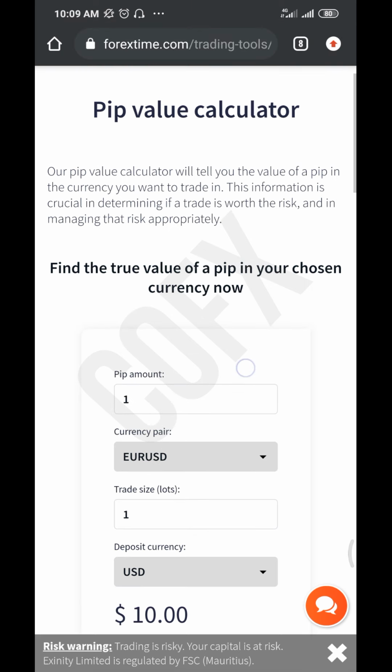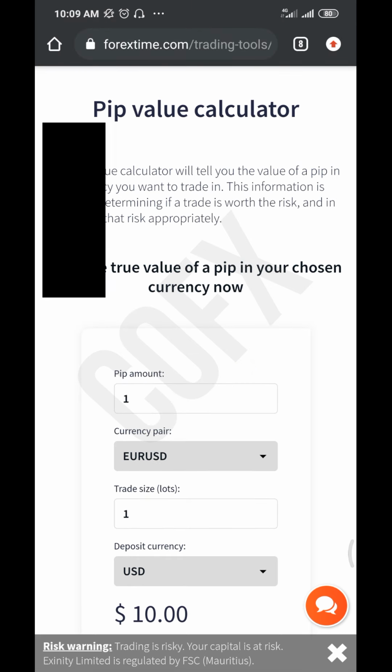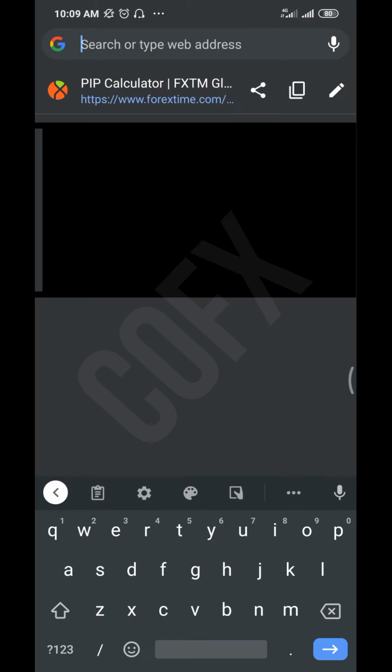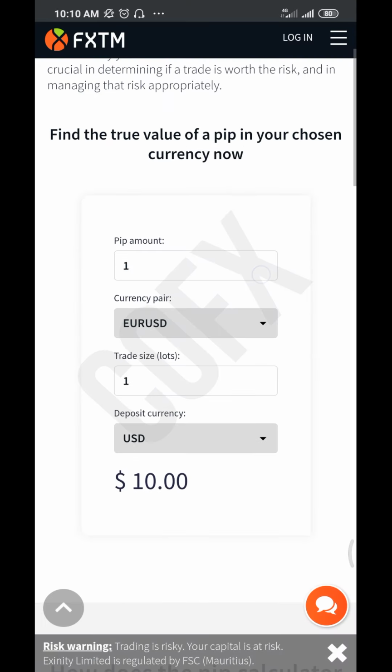So just go to your browser, go to fxtm.com, trading tools, then trading calculator, pip calculator, and it will take you to this particular program website page.